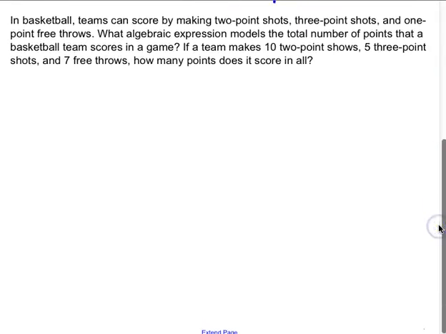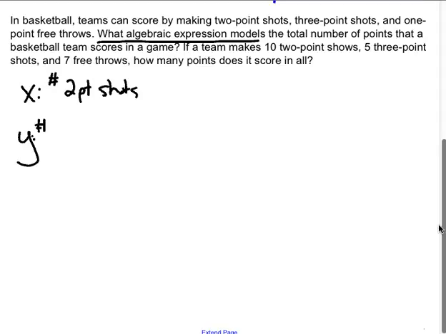All right, what about another sport example? So basketball. The basketball team scored by making 2-point shots, 3-point shots, and 1-point free throw shots. What algebraic expression models the total points that a basketball team scores in a game? So here, the first thing is writing an algebraic model for this. Okay, so I'm going to let x be the number of 2-point shots.